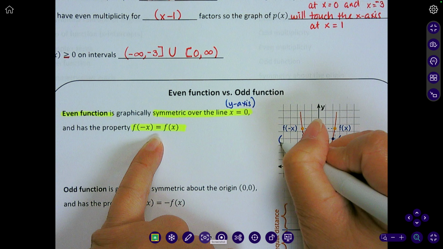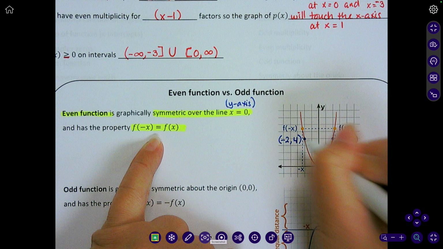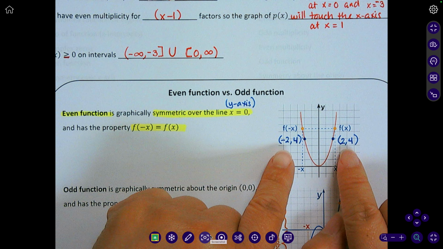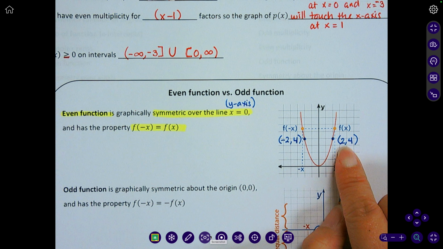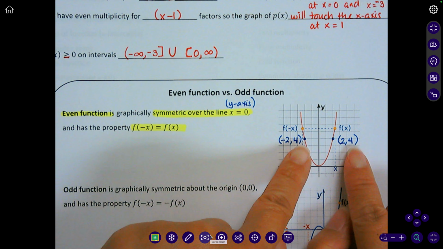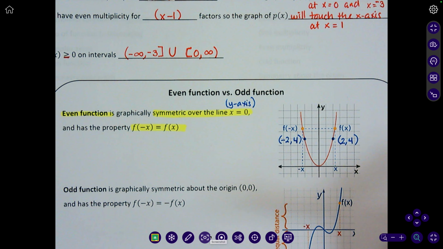This point is (negative 2, 4). Do you guys see that while your x values are the opposite of each other, your y is the same y value? That's what it means to be an even function. So when you plug in a positive number or a negative number, you get the same y value. Is that okay? That's what makes it an even function.